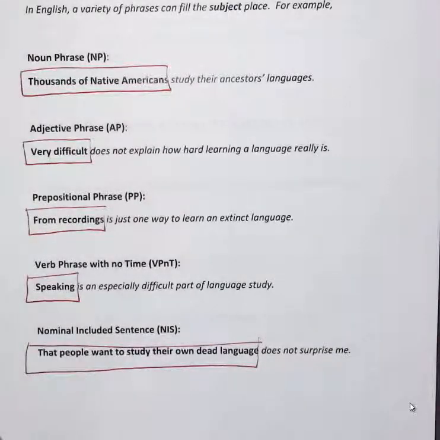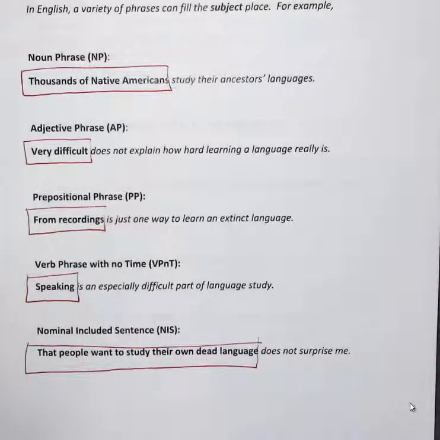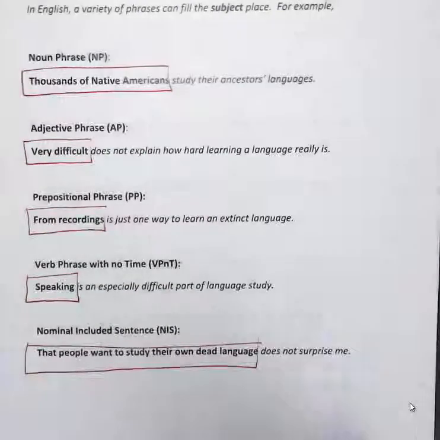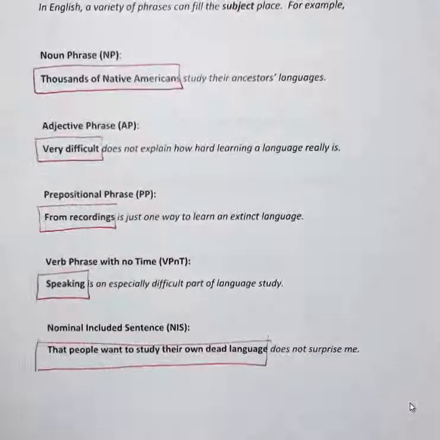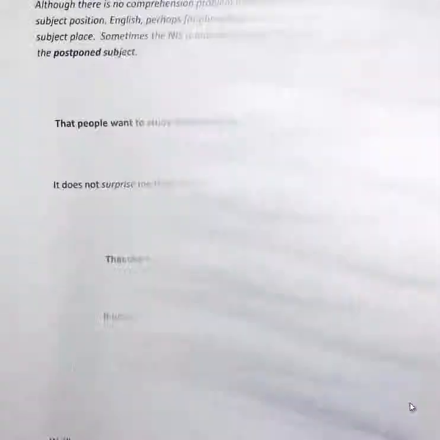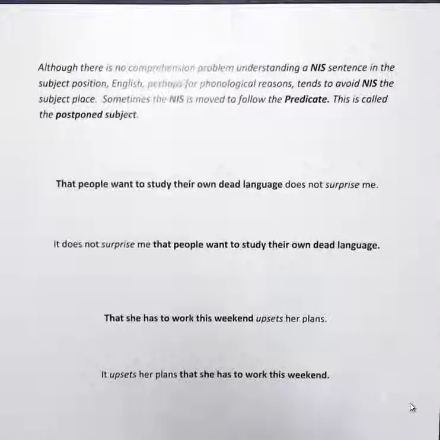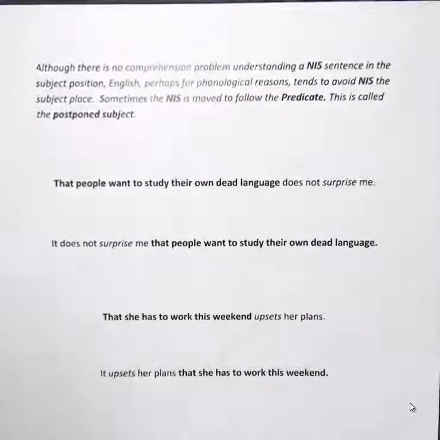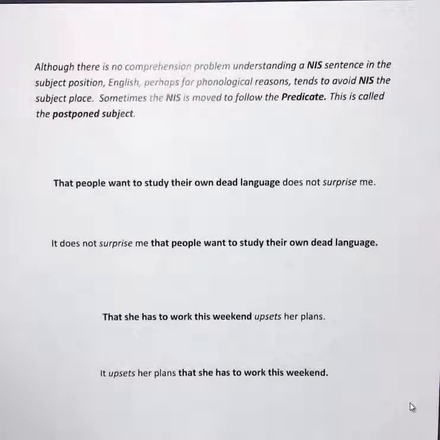Now, English does do something that's quite interesting, and I'd like to show this to you. Even though people don't really have any problem understanding a nominal included sentence in the subject position, English tends to avoid putting nominal included sentences in the subject place, maybe because of phonological reasons, maybe because of the sounds.